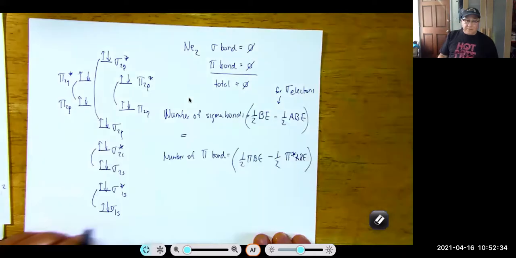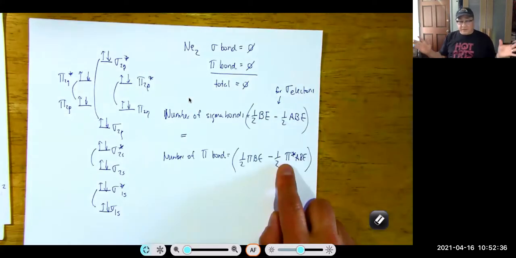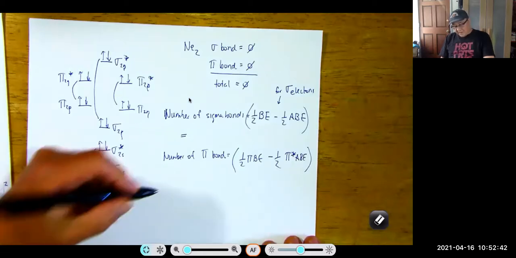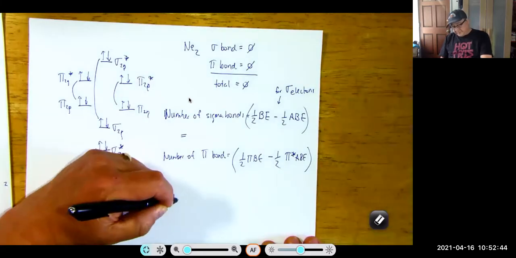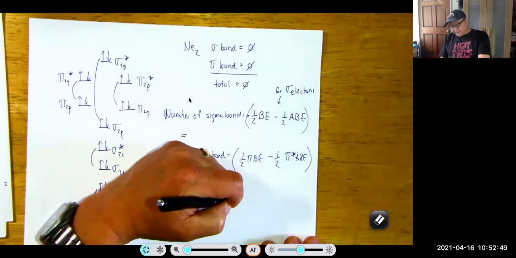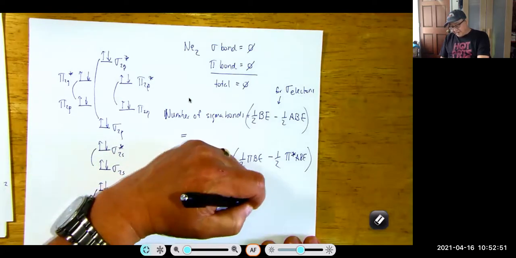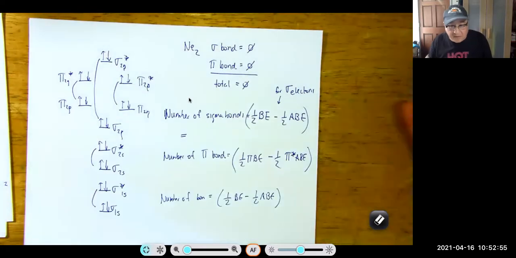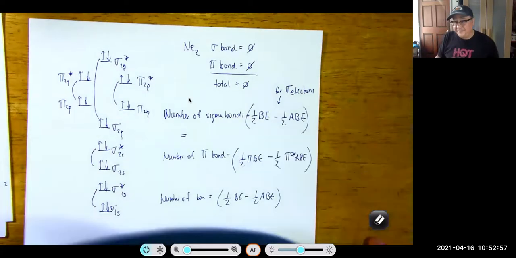This is redundant when I put star here and AB here, but I'm going to do it. And what if you just want to look for the total number of bonds? It's going to be 1/2 of the bonding electrons minus 1/2 of the anti-bonding electrons. So you could do that for all of them and get the total bond count. Are you with me?